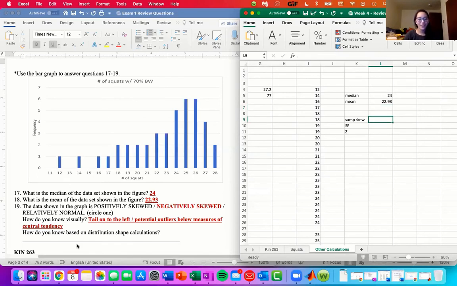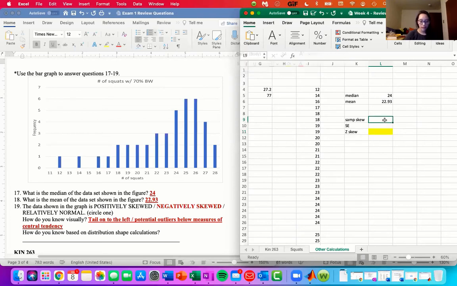Okay, so if we're looking for shape based on calculation, we know we have to calculate our z-skew values. And remember, this is the one that we would actually use to determine if our sample is skewed or not.